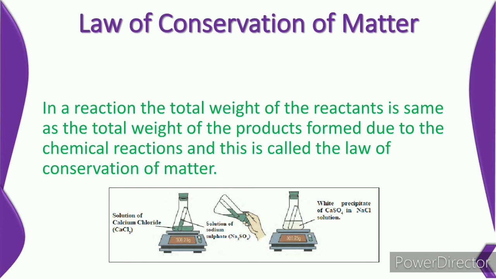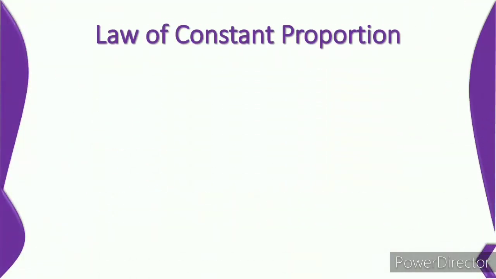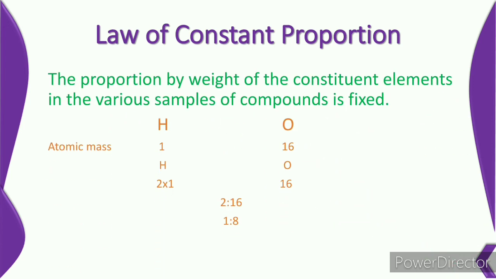Okay. Now the law of constant proportion. The law states that the proportion by weight of the constituent elements in the various samples of a compound is fixed. Two examples are given here. First example is related to reactants hydrogen and oxygen, and product is water.